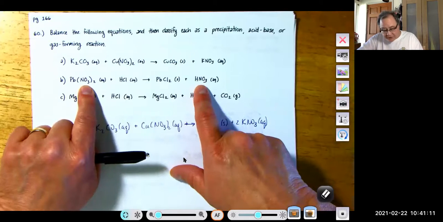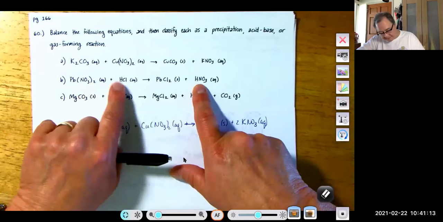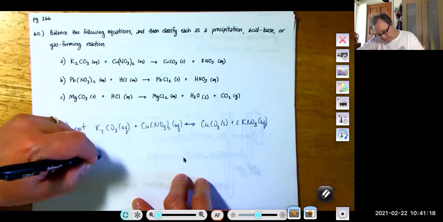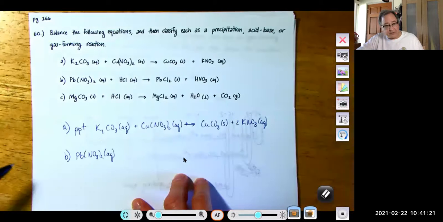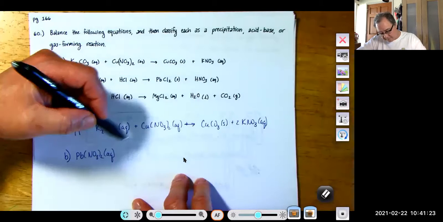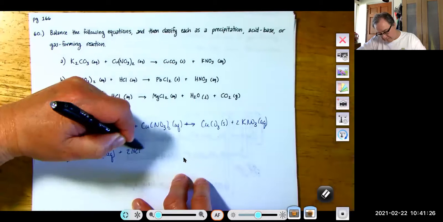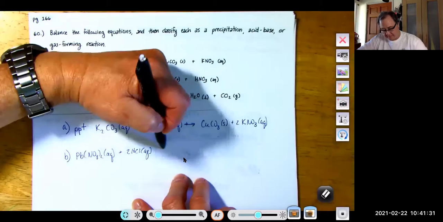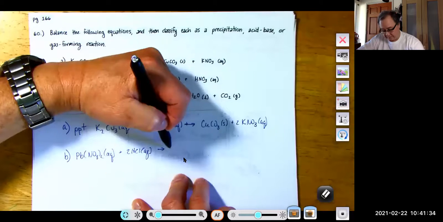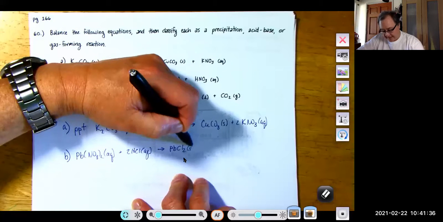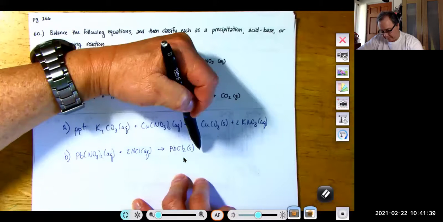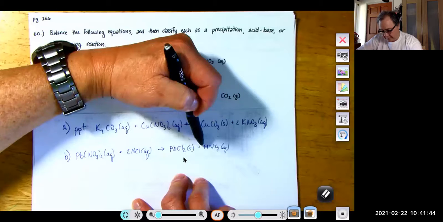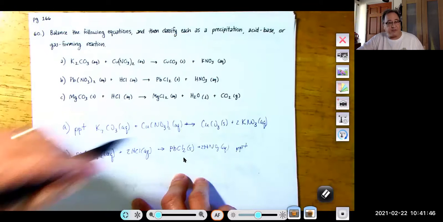And then I'll have 2 hydrogens and 1 hydrogen, so I'll put a 2 in front of there. And precipitation.